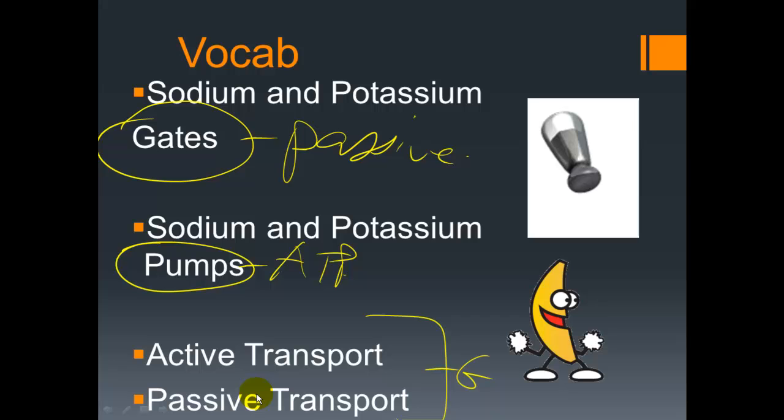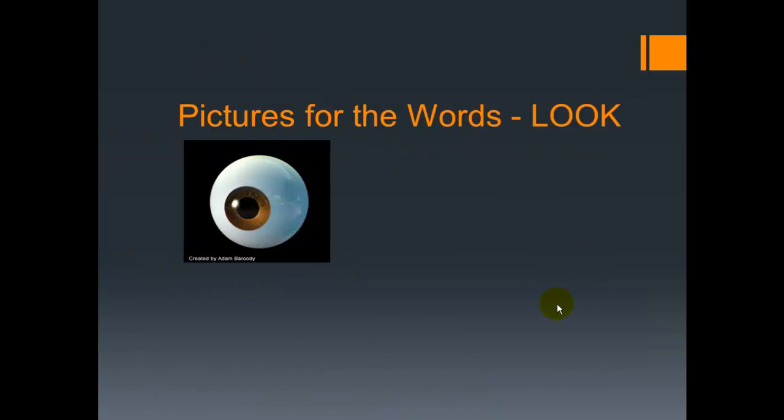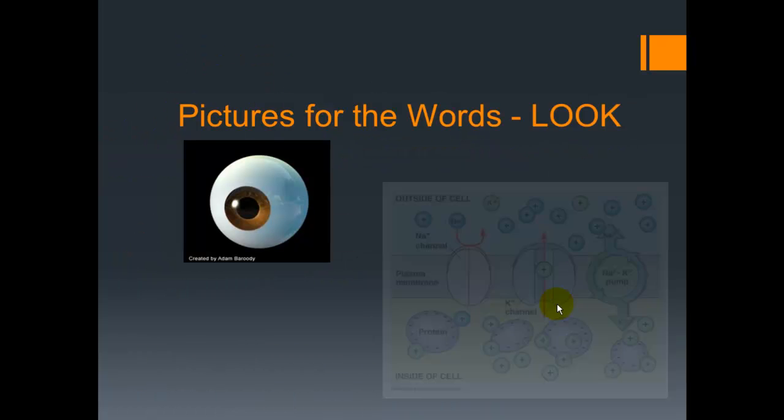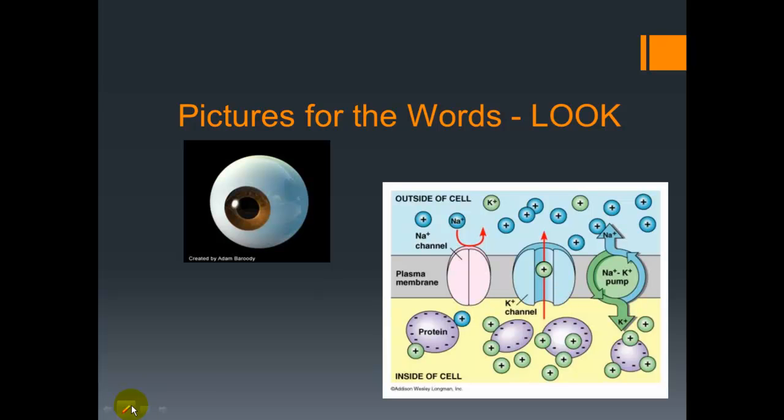And my little picture, the dancing banana with a salt shaker shaking on top of him, the salty banana, right? Sodium, Na, potassium in our banana, salty banana. So the pictures, using our eyeballs to do some eyeball work that we are going to need to be able to recognize, we're talking about a pump.